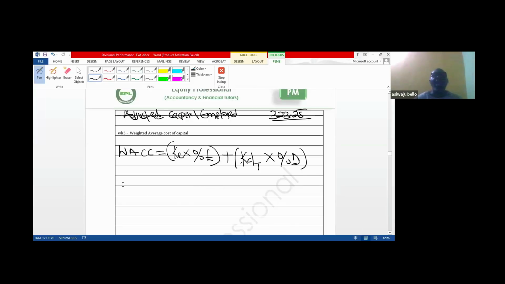The formula is cost of equity multiplied by the percentage of equity, plus, open a bracket, cost of debt after tax multiplied by the percentage of debt. Our WACC.